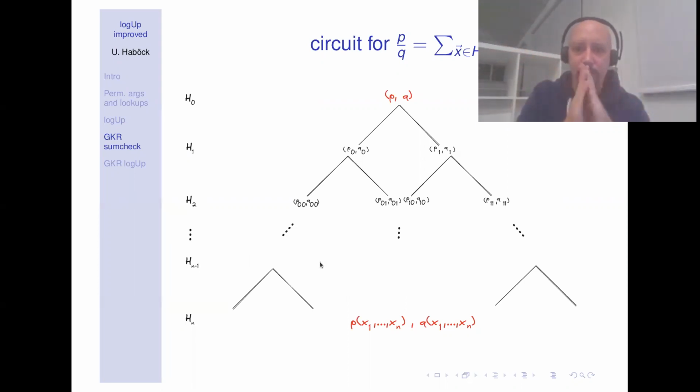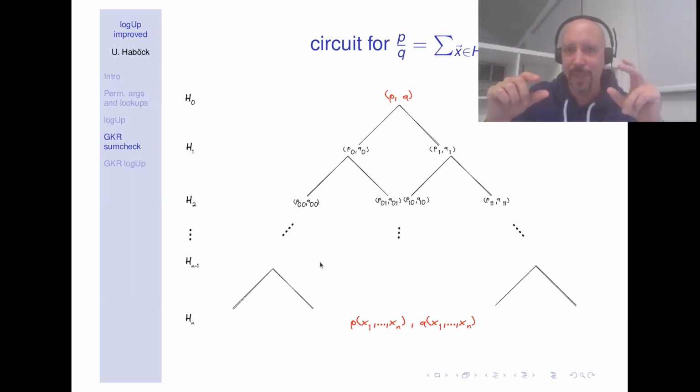Ulrich, could it be possible to have a different arity and go faster towards traversing to the root? Or it wouldn't work? That's doable, but it will increase the degree of the constraint between two adjacent layers. And I think in the end, you don't win much, if anything at all, is my feeling here. We will see how the constraints look like.